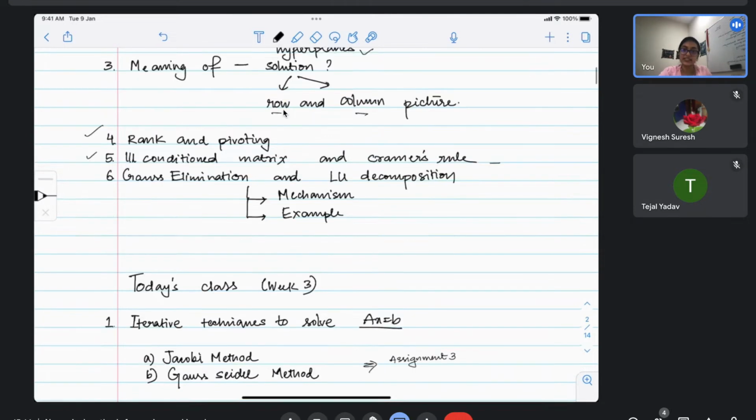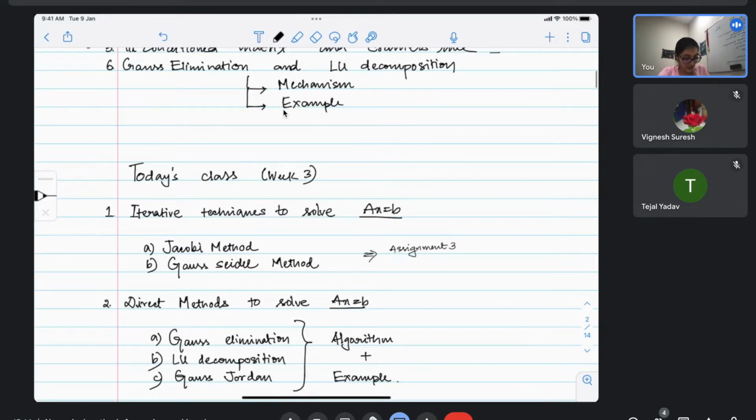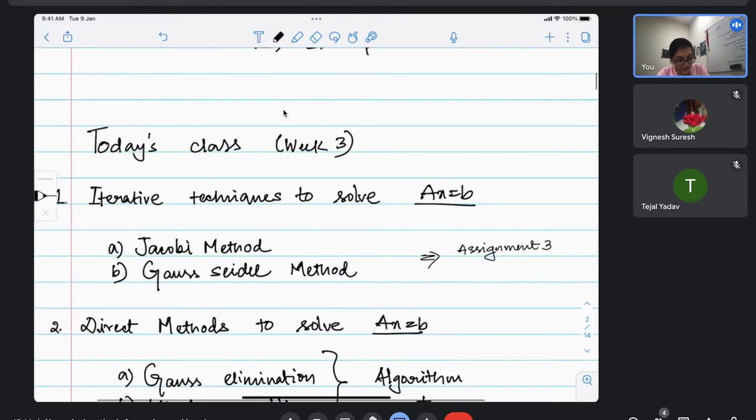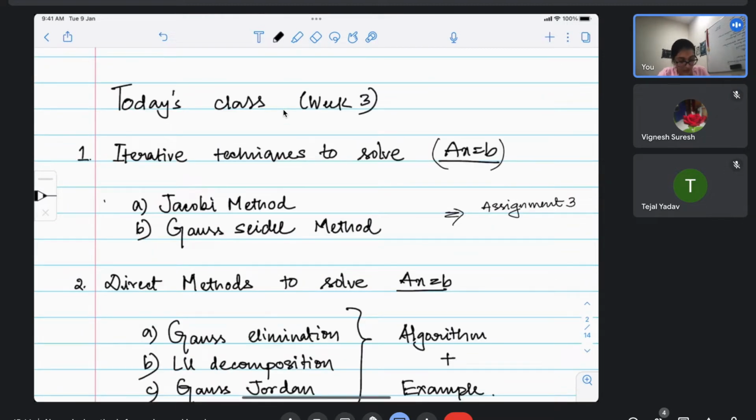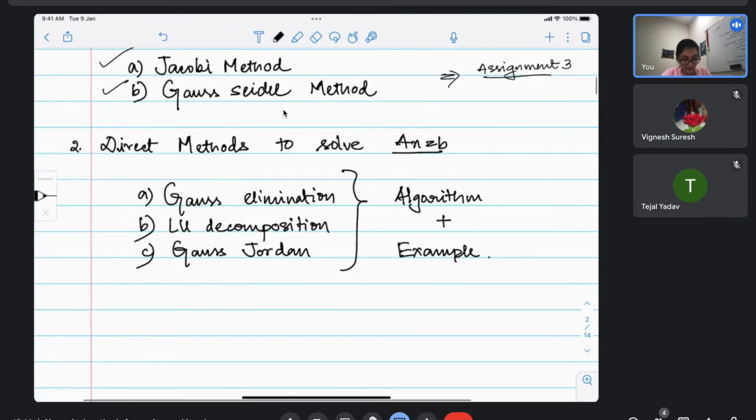So in today's class, we will be focusing on another iterative method to find Ax equal to B, and we will understand why we are trying to do this. We will learn the Jacobi method and the Gauss-Seidel method today. I guess these topics are included in your assignment 3, whose deadline is approaching.